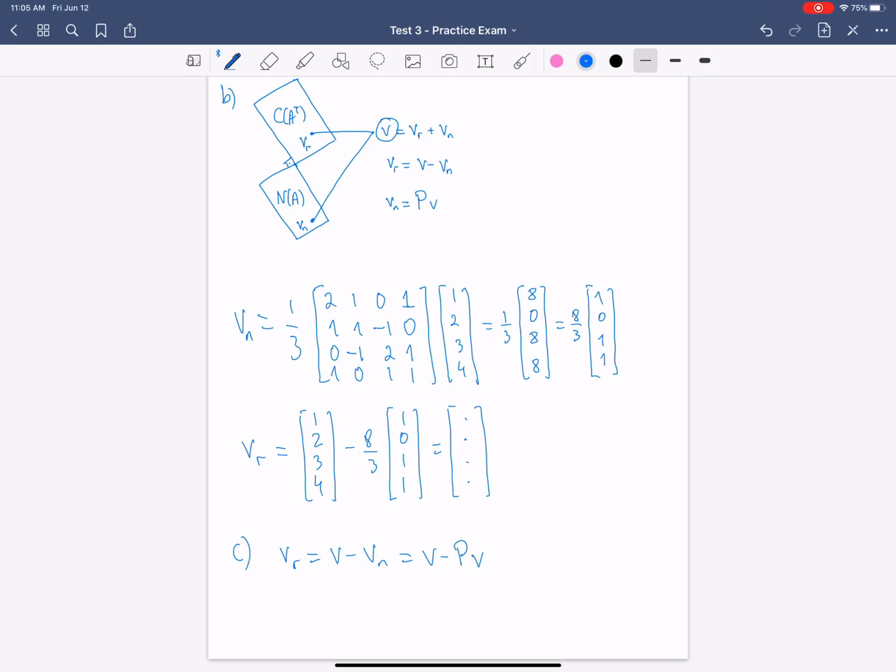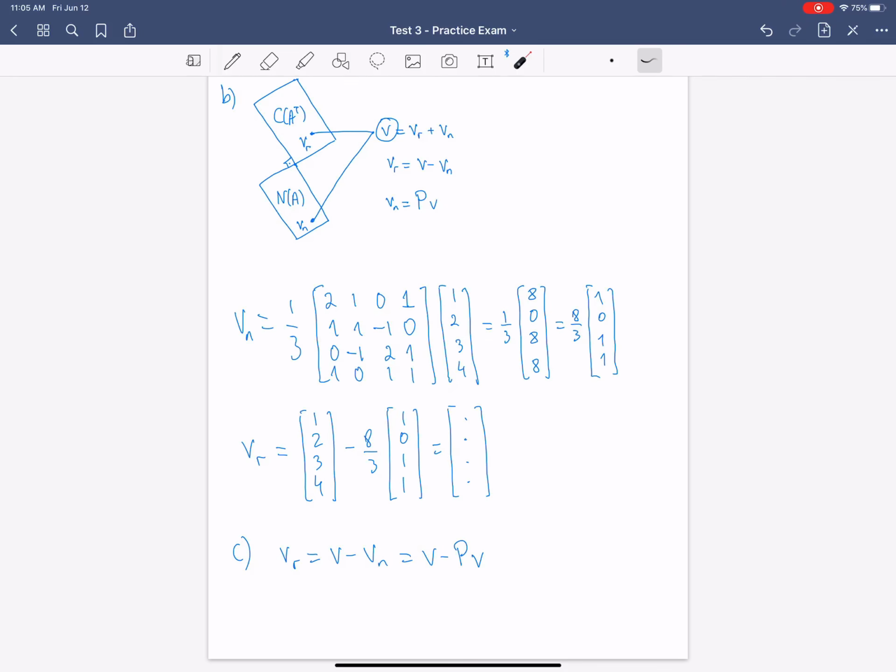Now, how do I factor V out? V is common to both. You have V here, you have V there. Here V, you can think of, I can factor it from the left, from the right, it doesn't matter because it's only V. But here, V shows up on the right-hand side. So if I factor this V out, what do I have left? What you always have left is the identity matrix.